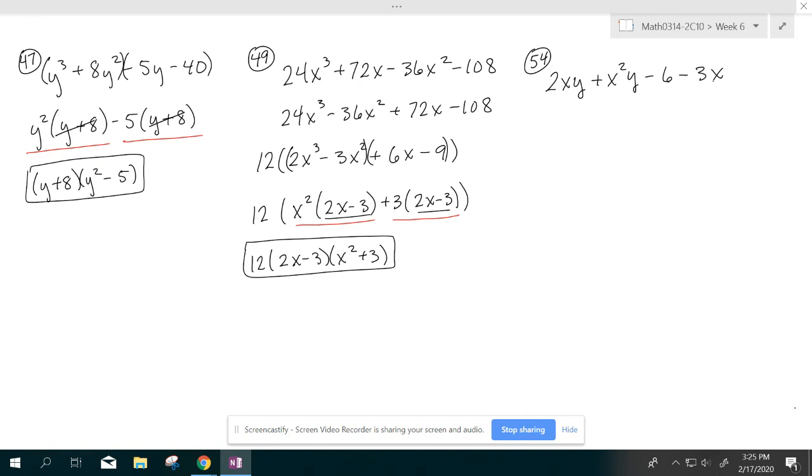Come on, you can do it. You can do it. Just factor by grouping.